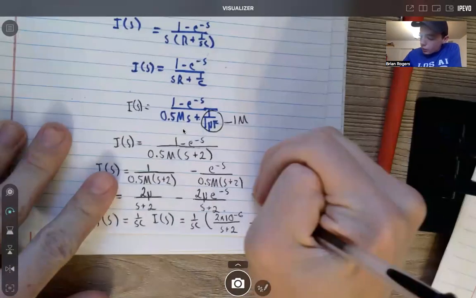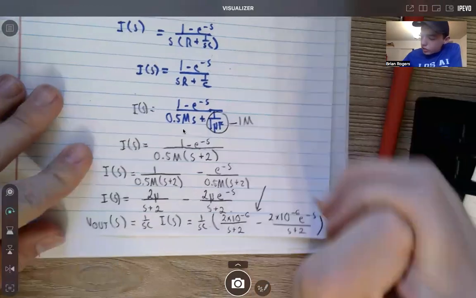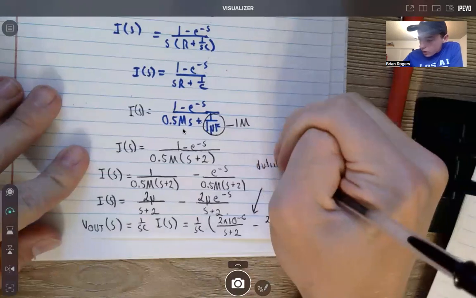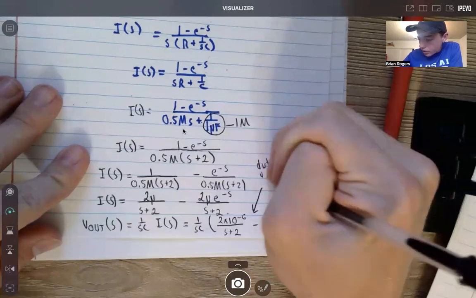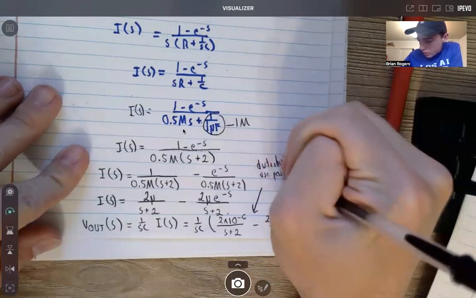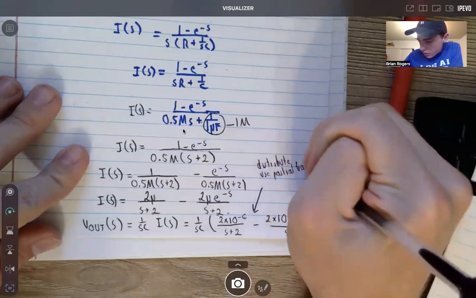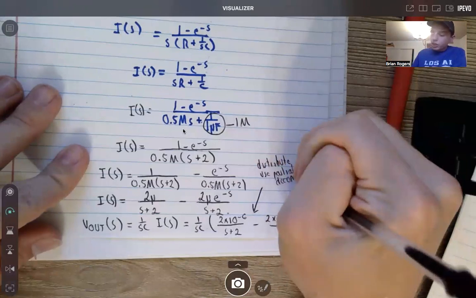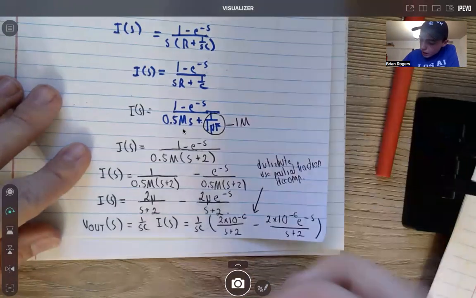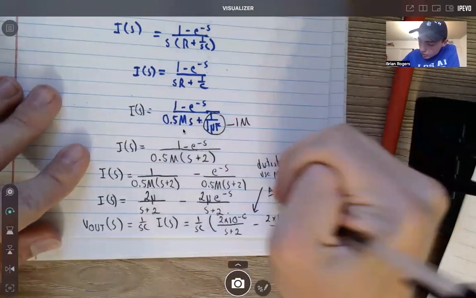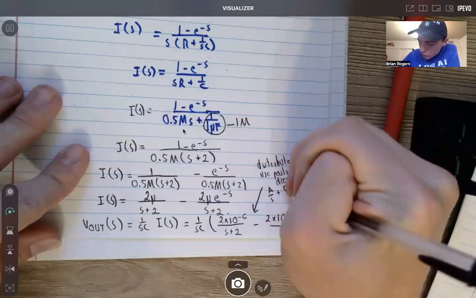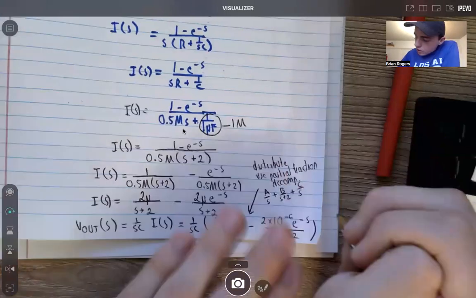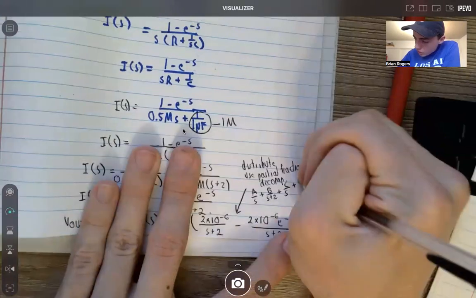After, what I would do is distribute, and use partial fraction decomposition. After you use partial fraction decomposition, your result should be A over S plus B over S plus 2 plus C over S, plus D over S plus 2.